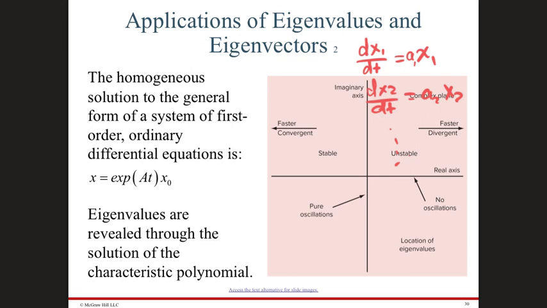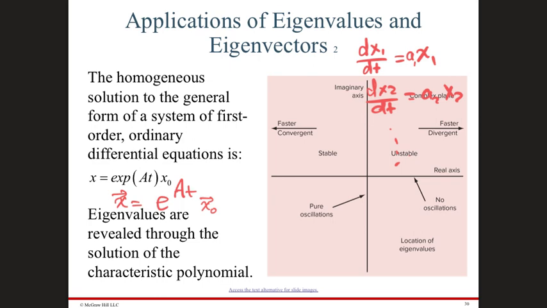The general solution for that can be represented by x equals e to the At multiplied by some initial condition x naught, where these are vectors and A is a matrix as well. That's the general solution of a set of differential equations that have the exponential solution.